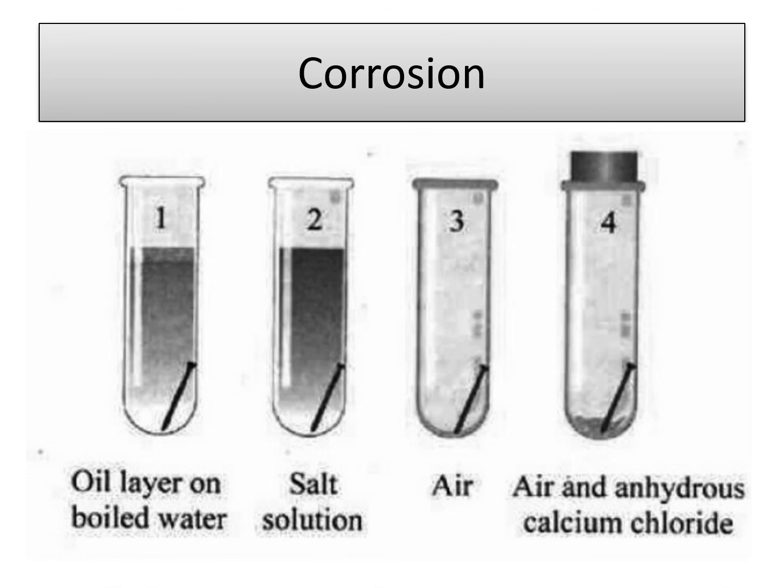But in the first test tube, the water is boiled, and secondly, the oil layer is going to prevent the interaction of the water with the air. So there you will not find rusting. Similarly, in the fourth test tube, the calcium chloride absorbs the moisture in the air, and because the test tube is closed or it has a lid, there's not going to be any interaction of air with the iron. So in the fourth test tube also, there won't be spoiling of the metal.